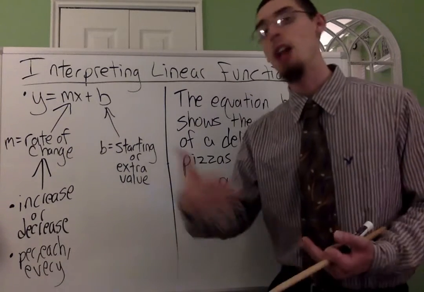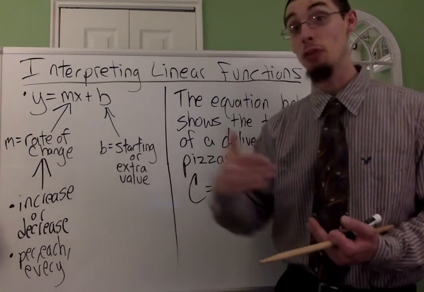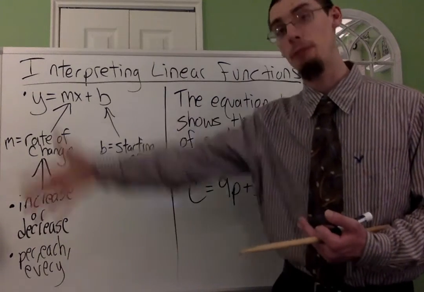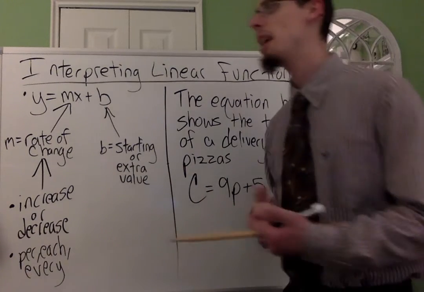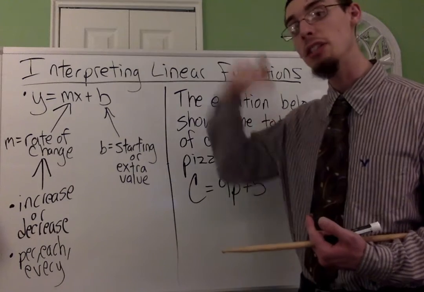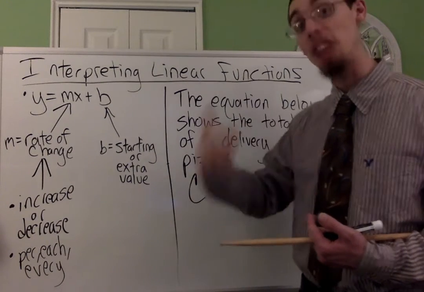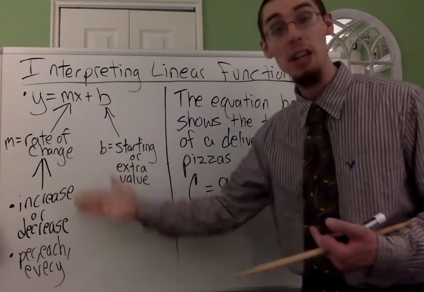You get $5 for every hour. So 5 for the first, 5 for the second, right? You're increasing your pay by $5, right? You work a job, you get paid $10 per hour. So your pay increases by $10 every hour. See how I'm using the words per, each, every there?